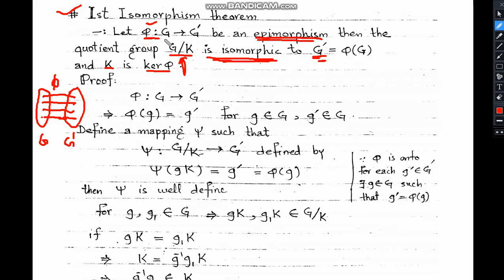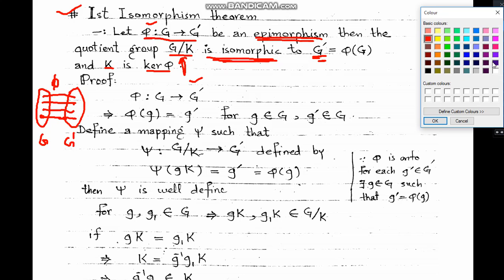As per the statement, phi is a mapping from G to G dash. We have written it here. If this is a mapping, then there will be a few elements in such a manner. Let us suppose this element is g.